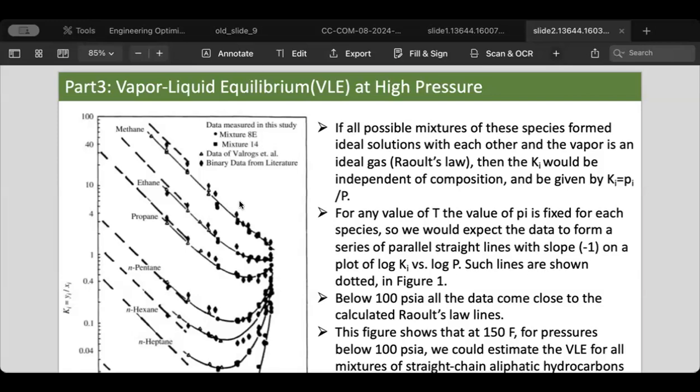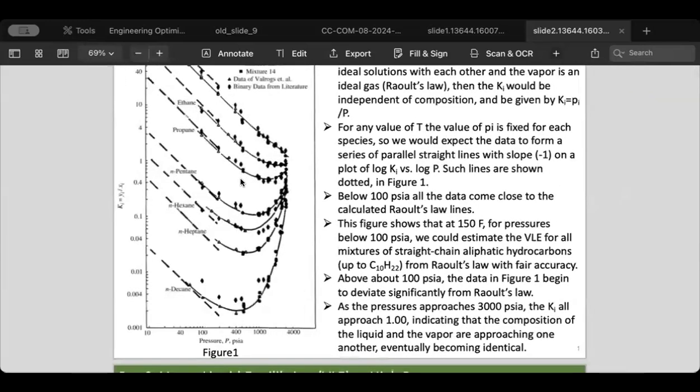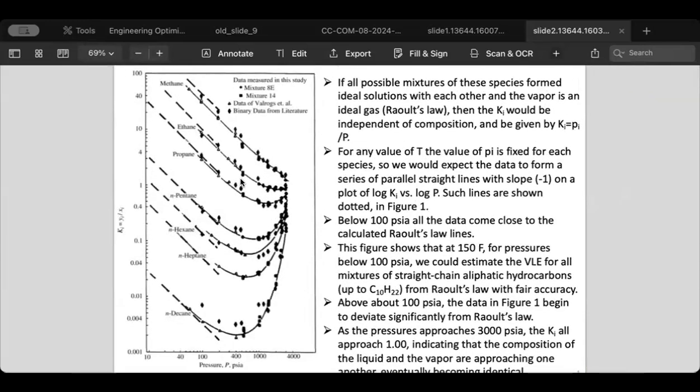And you see that once we increase the pressure, what happened to the K? This figure shows you the relationship between pressure and K. K is y over xi.